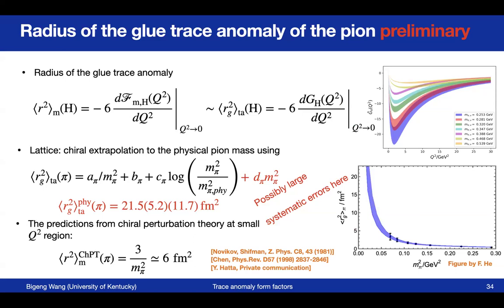So we try to extrapolate using the functional form predicted by chiral perturbation theory. Without adding this term, we see a large difference in the results of extrapolation, so we have a possibly very large systematic error here.